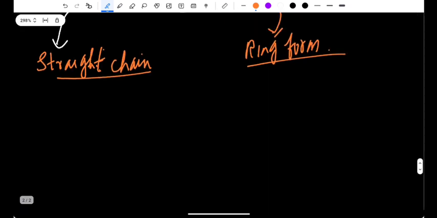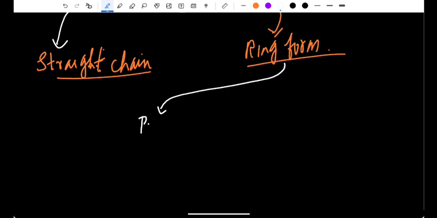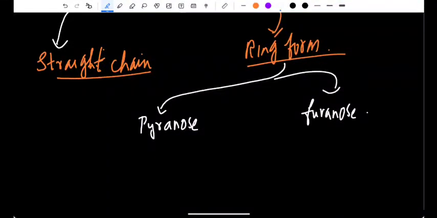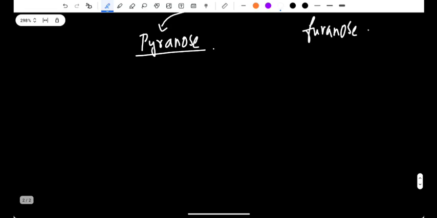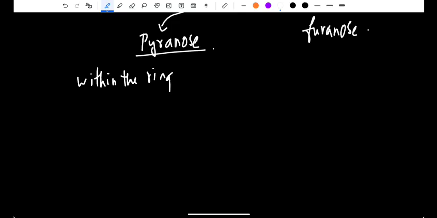So ring form can be two types, that is pyranose and furanose. Pyranose means within the ring, how many carbon will be present? 5 carbon will be present.